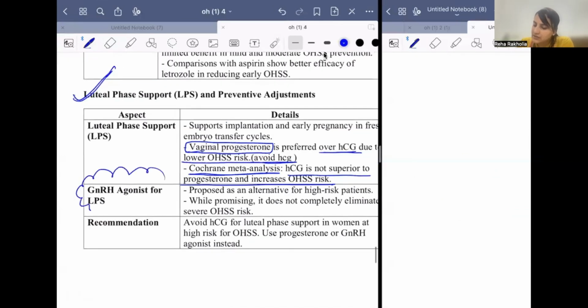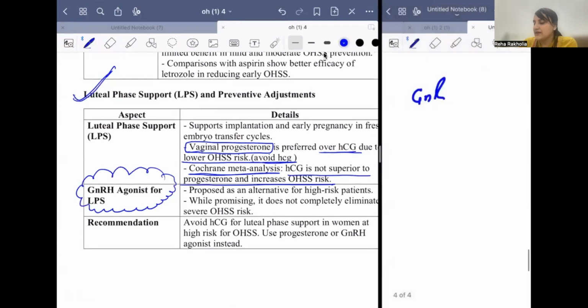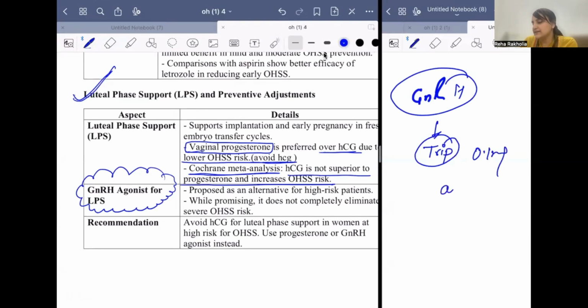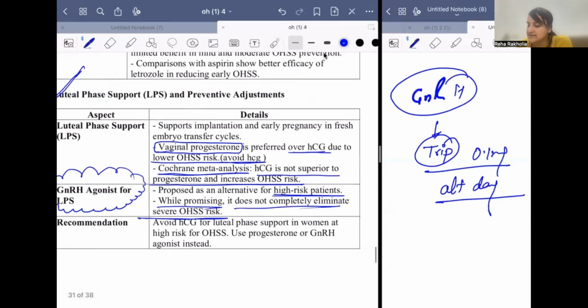Second is GnRH agonist for luteal phase support. In some patients, we are using GnRH agonist for luteal phase support. As we have seen above, we were giving triptorelin 0.1 mg on alternate days. Previously we have discussed this. It is proposed as an alternative for high-risk patients, and while promising, it does not completely eliminate the severe OHSS risk.